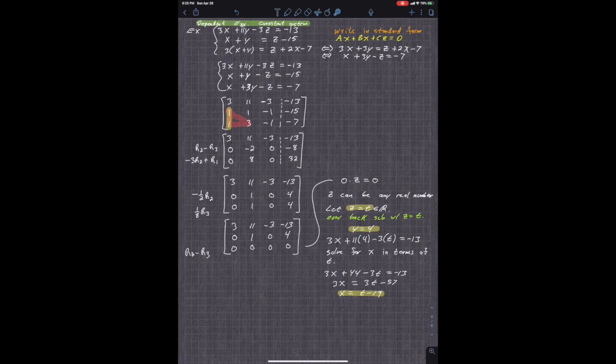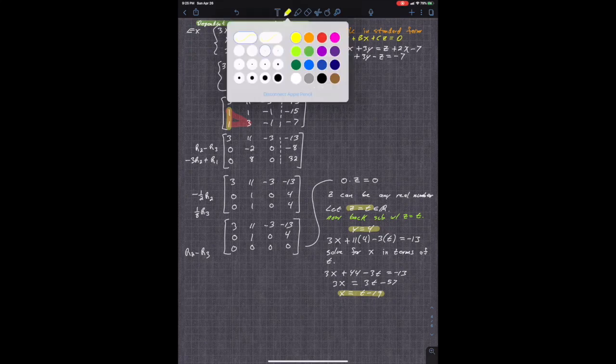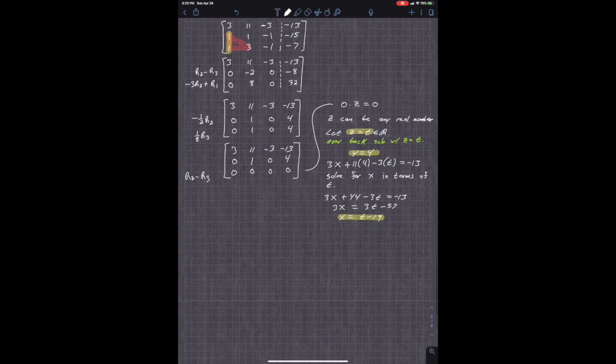So then your solution set would look like this. It's still x, y, z. So you still have the set of values, and usually we do it like this. So it's always set x, y, z. Okay, but then you put in what those values are. So there's a couple ways of writing this.